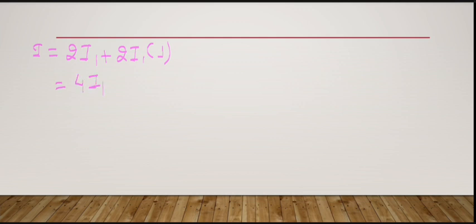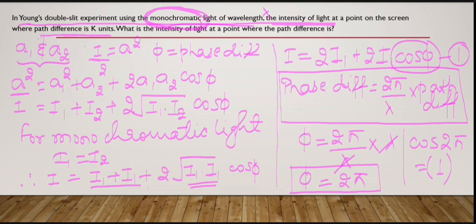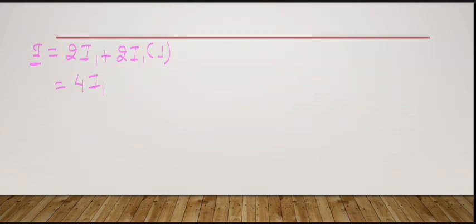Here it is written that the intensity of light at the point where the path difference is k units is given. It is already given in the question that I is equal to k, and we have found I is equal to 4 I1, so it can be written as 4 I1 equals k.